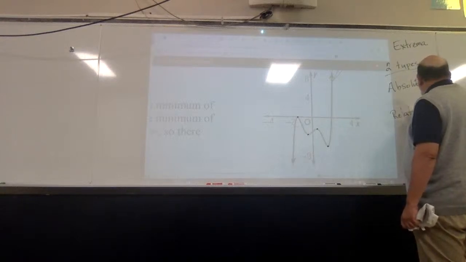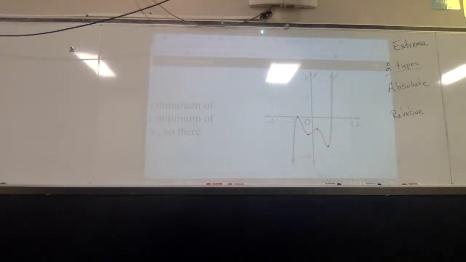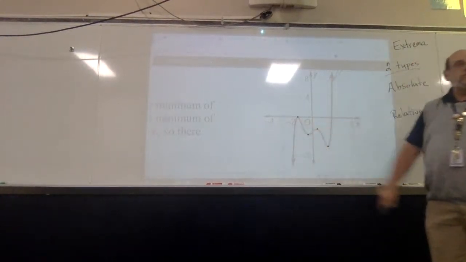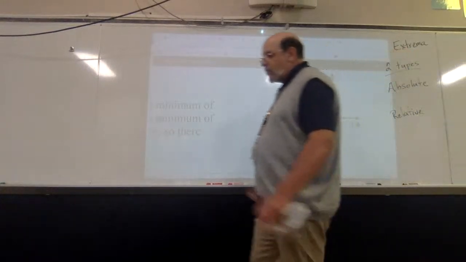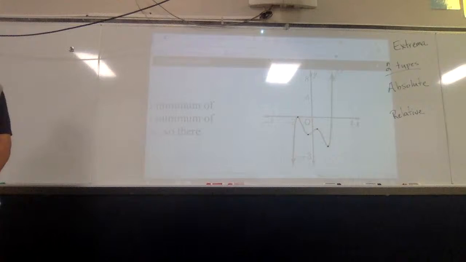And they describe both minimums and maximums, maxes and mins. Okay? What's the definition of it? Where the graph turns, that critical number. I'm going to show you how simple it is to figure relative and absolute extrema.